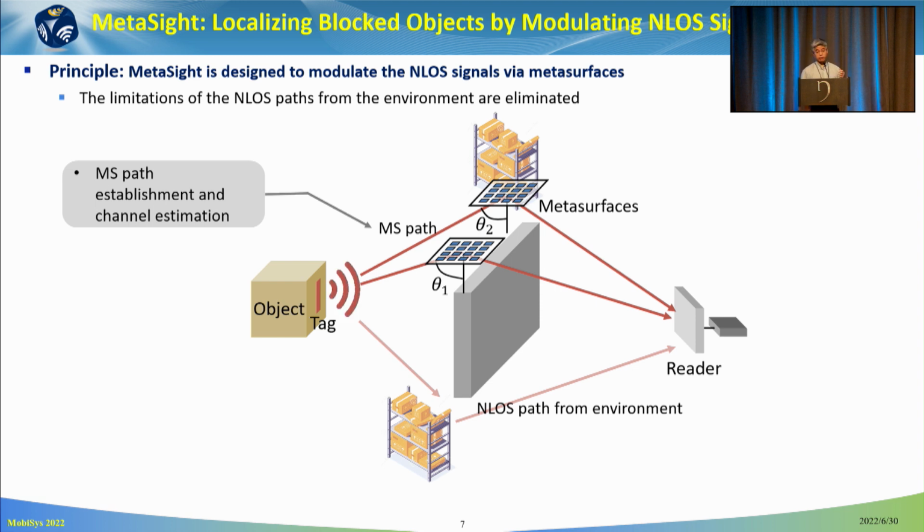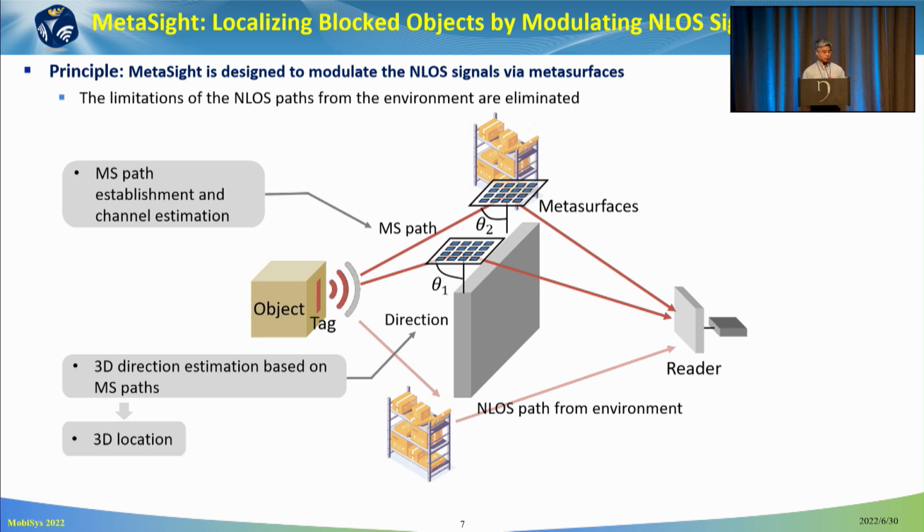We call this the MS path. Then we establish multiple MS paths, and we estimate the channel coefficients of those paths. Based on the phase information of those channel coefficients, we determine the 3D directions. And then finally, based on the 3D directions, we can determine the 3D location.